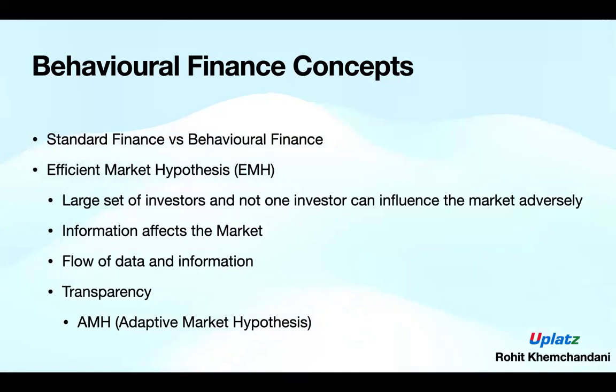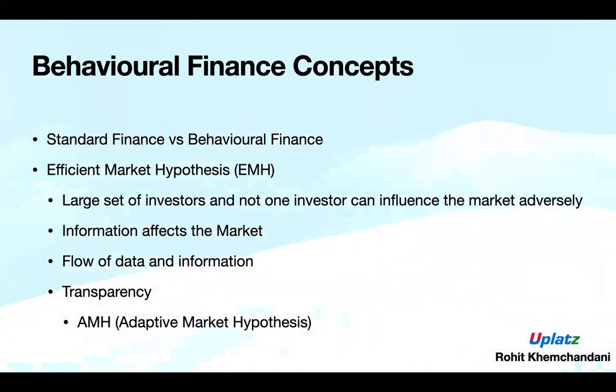It asserts that markets evolve over a period of time as individuals utilize biases to make investment decisions. So these two theories are quite different. Slightly is the wrong word which I used. And this is how standard finance and behavioral finance are different.